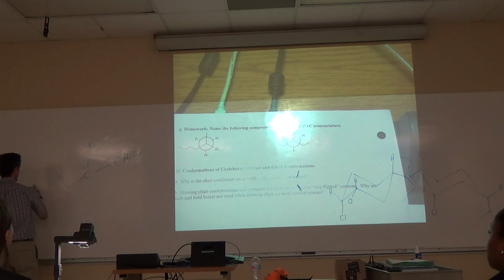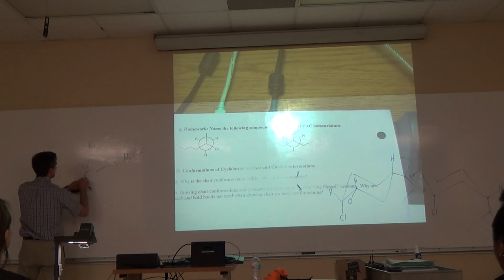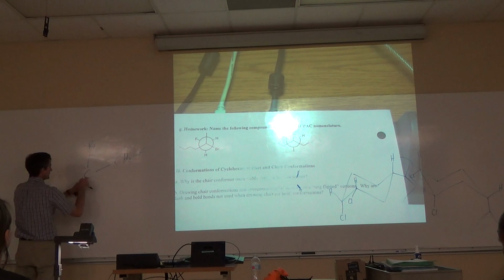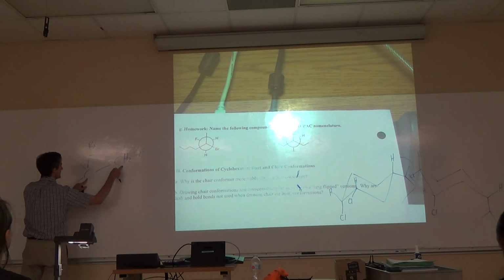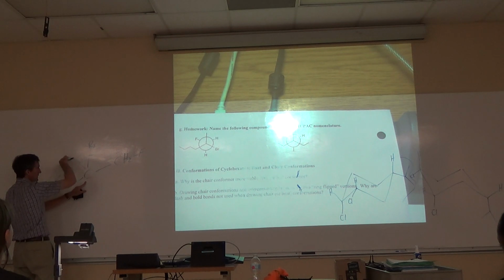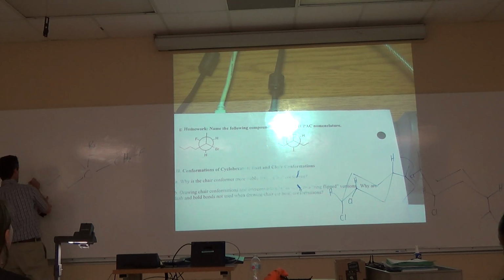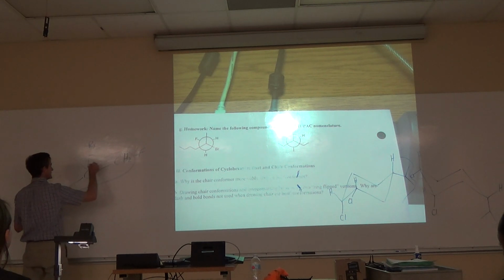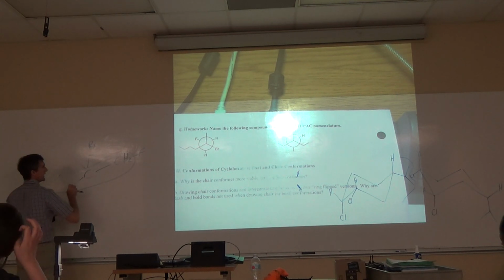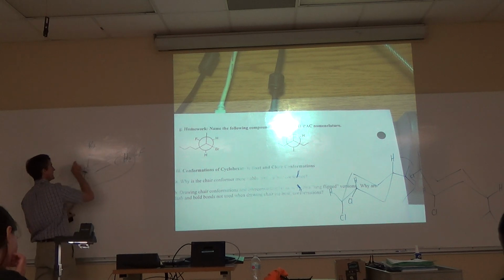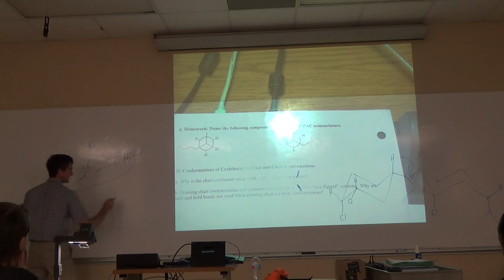Longest continuous chain, 1, 2, 3, 4, 5, 6, or 1, 2, 3, 4, 5, 6. If that's the 6, we've only got 2 subs. If this is the 6, which probably is going to be it, we have 3 subs, an alkyl, bromine, and a methyl. 6 is hexane, is that right?